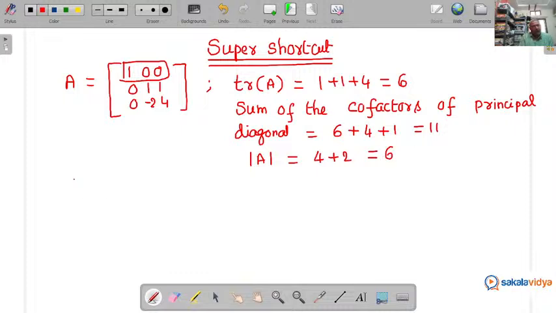Now write down the characteristic equation, or it may be called the corresponding equation.